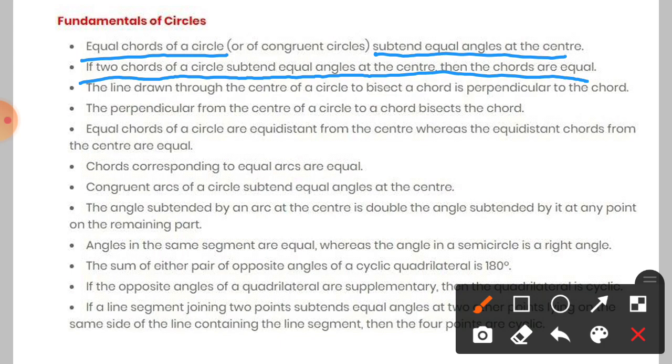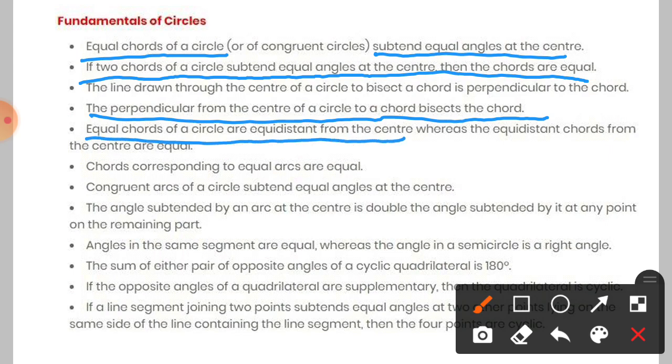Please understand the fundamentals first, correct? The perpendicular from the center of a circle to a chord bisects the chord. Equal chords of a circle are equidistant from the center. Chords corresponding to equal arcs are equal, and so on.